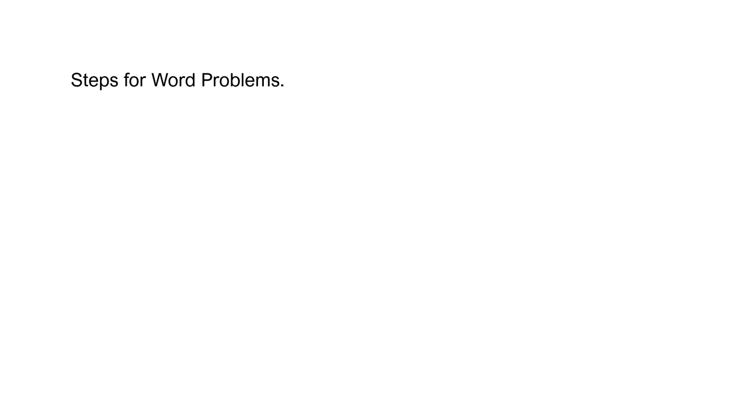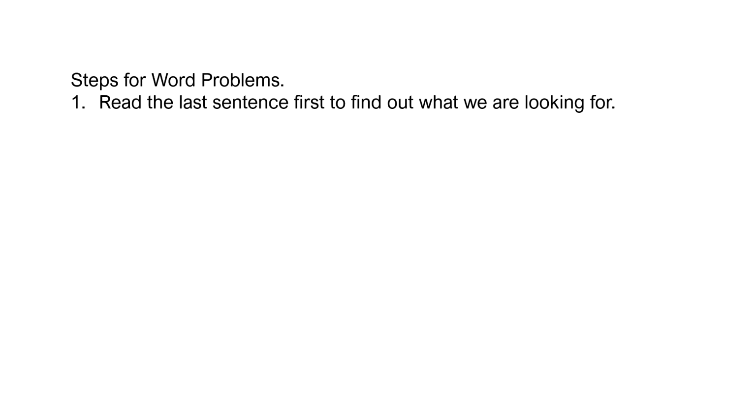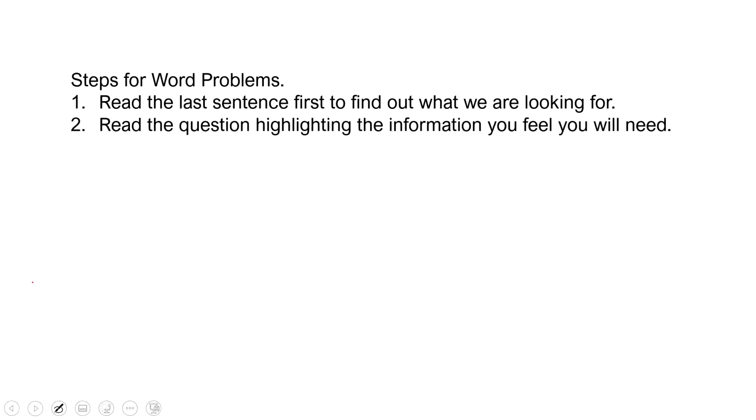The first step, what I tell students to do, is to read the last question, the last sentence of the word problem first. That tells you what you're trying to solve. Then you read the question, highlighting the information you feel you're going to need to get to the answer they're looking for. Then we're going to create let statements.